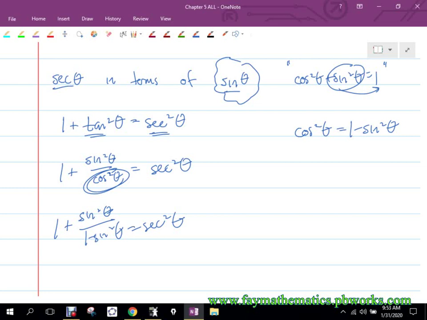If I write that 1 as 1 minus sine squared over 1 minus sine squared, I can now add these numerators, right? Don't I have 1 minus sine squared plus sine squared? What happens with those sine squareds? Cancel. I'm left with 1 over 1 minus sine squared.